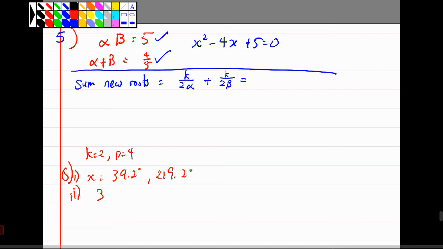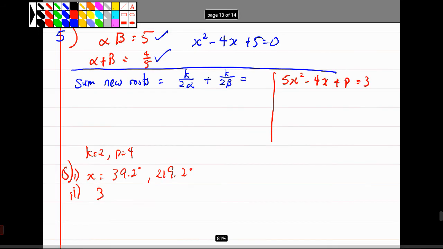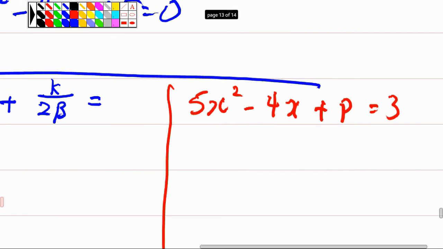But the bottom one is a totally different question. Do you realize? Because the bottom one is for the 5x squared. So let's write down. This is for 5x squared minus 4x plus p equals 3. Can I just say alpha?